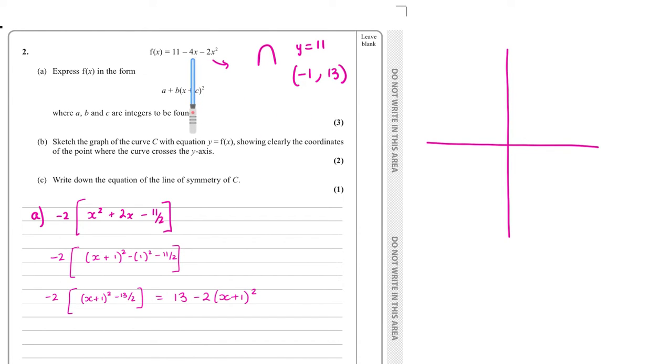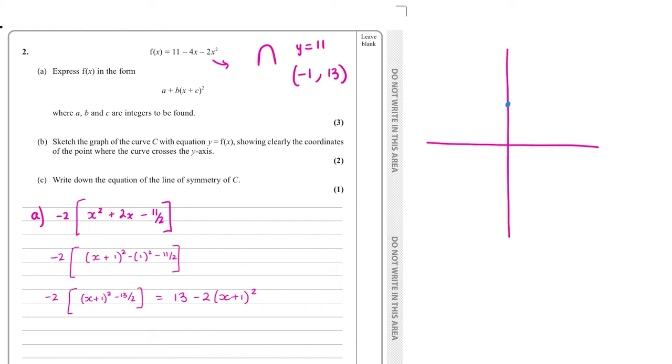calculator, what do you get for 2 solutions? Because we know it's going to cross at 11. So, plus 26 over 2, which is 1.54. 1.54 and minus 3.5. So we know we're going to have 1 on each side.